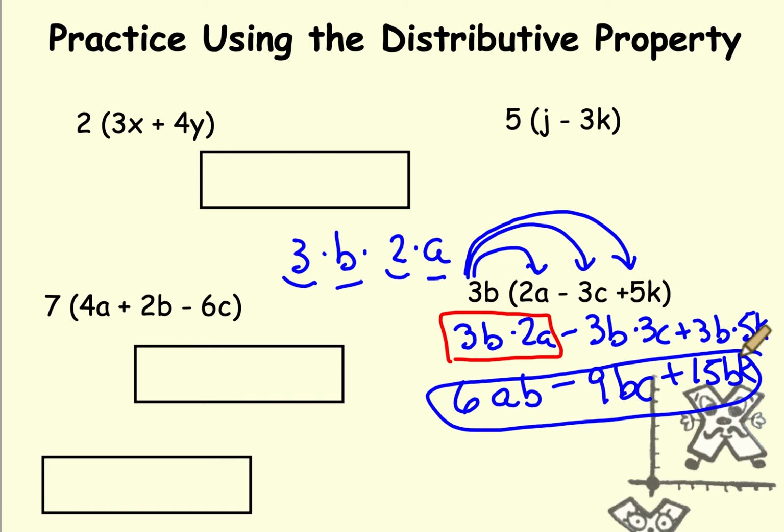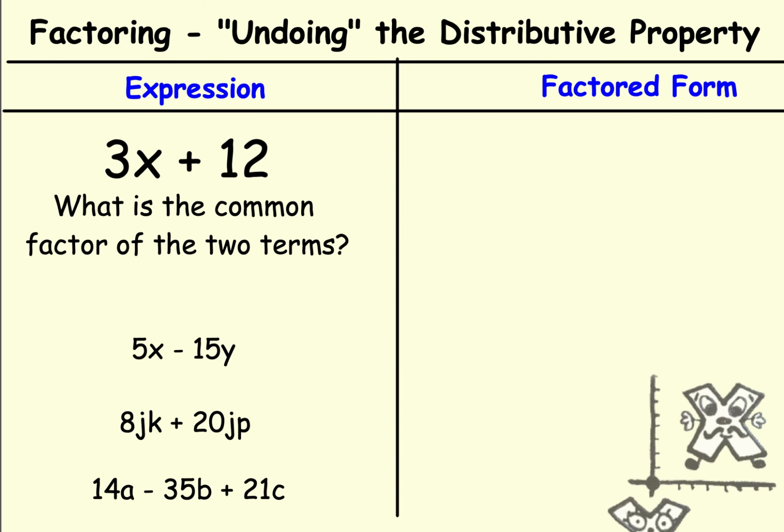Now, just like we can distribute, we can undistribute. That's called factoring. So factoring means to take out the common factor of the 2 terms. So remember, we've talked before about common factors. What's the greatest common factor? Well, here's where it comes into play.